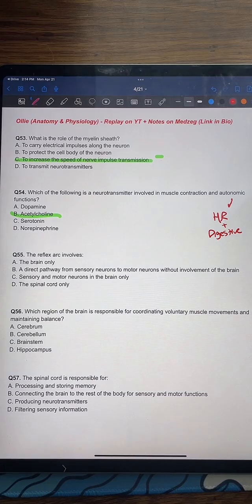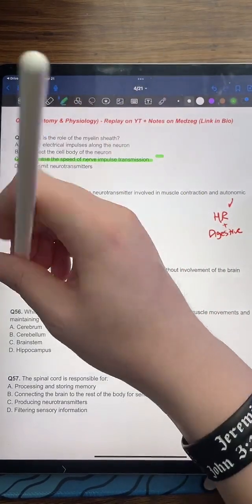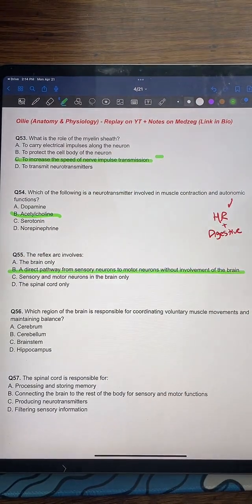It is B. It is a direct pathway from sensory neurons to motor neurons without involving the brain. So it is a very simple neural pathway that allows essentially for an immediate response to a stimulus without involving the brain. So the sensory neurons detect a stimulus and the motor neurons immediately respond. More so at like the spinal cord level.